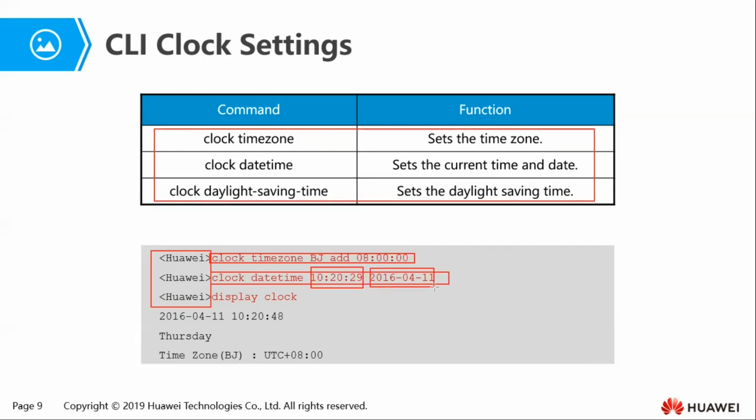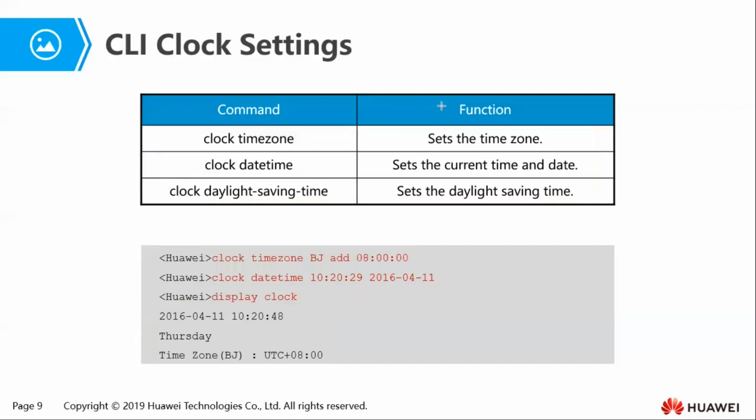Then this is the date, starting with the year, then month, then day. If you want to see what you've configured in terms of the clock settings, you can use the command display clock, and it should be able to show you what you've really set up. So in the very next lab, these are some of the configurations that you're going to do to your device.